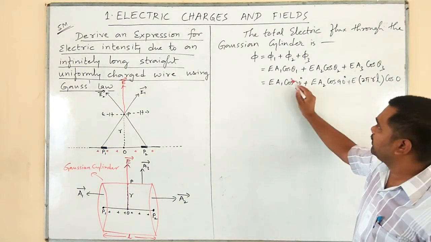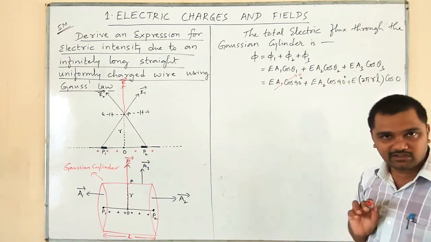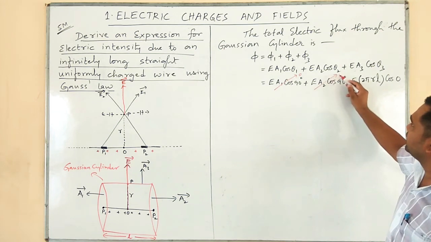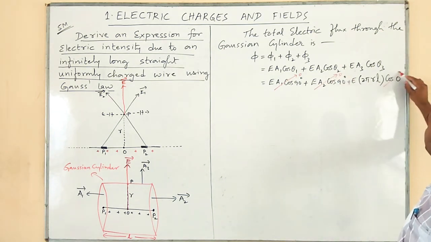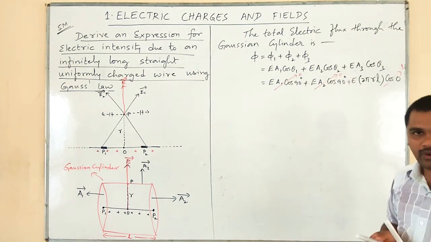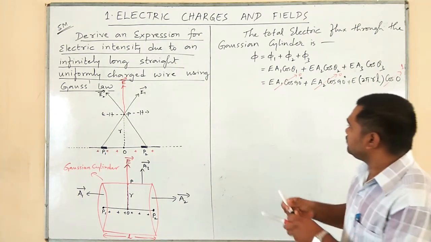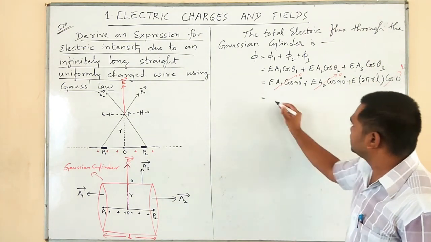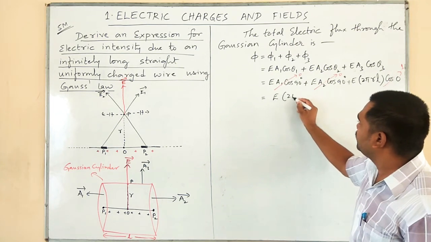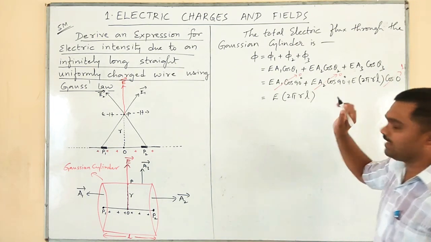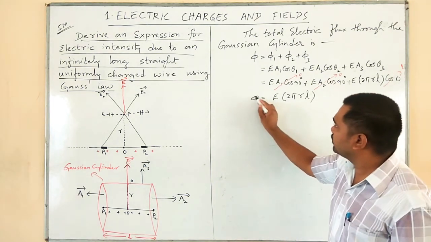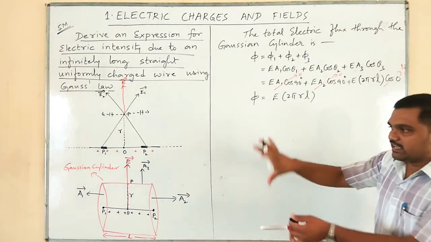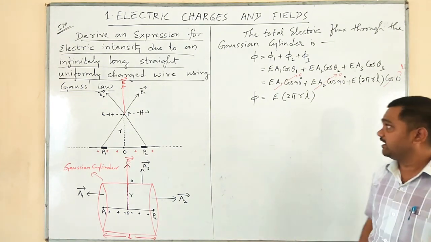Even a small baby knows cos 90 is equal to 0. Again cos 90 is equal to 0, but cos 0 is equal to 1. Therefore, I will take only this much: E into 2 pi R L. This is the total flux through that entire Gaussian cylinder.